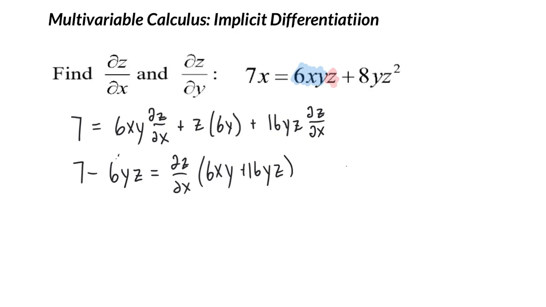And since we're solving for dz dx, we will divide both sides by the thing in parentheses, which means dz dx is equal to 7 minus 6yz over 6xy plus 16yz.